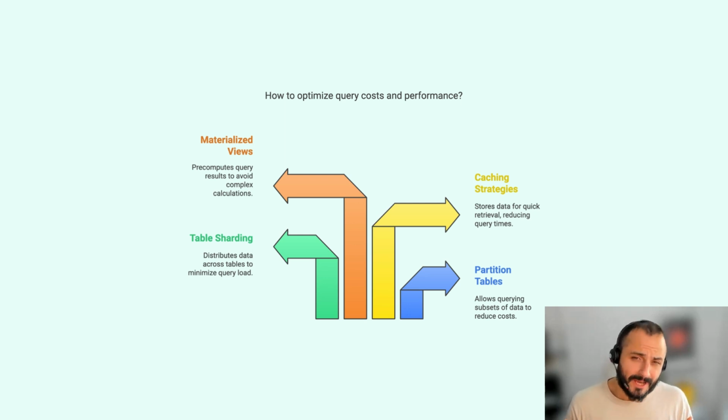Caching and materialization strategies can also drastically reduce query times and control costs across all platforms. Materialized views, for instance, pre-compute the results of a query and store them for rapid retrieval, sparing the data warehouse from having to rerun complex joins or aggregations each time.